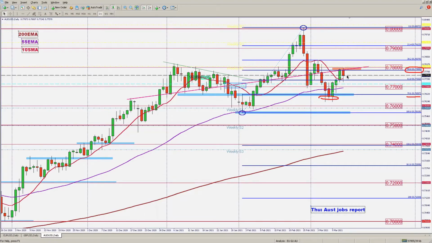So this week we'll see whether it's able to recover higher or could be returning back down to support.